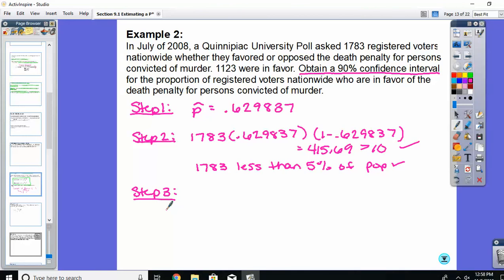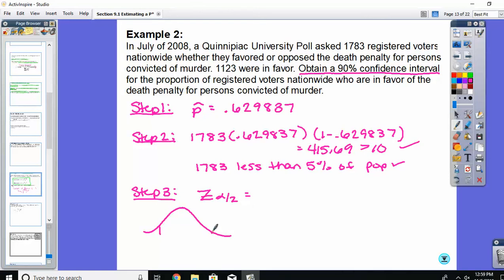Now we're going to find this Z alpha. You are going to need your normal table. Now, I want a 90% confidence. So I'm going to draw this little picture just to show you exactly what we're looking for.